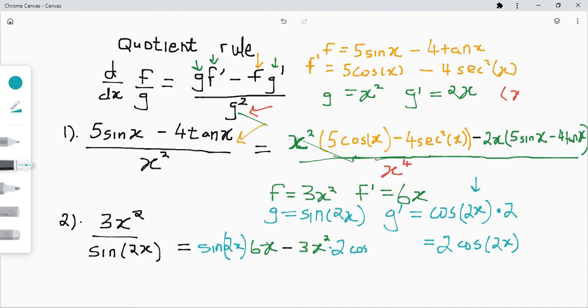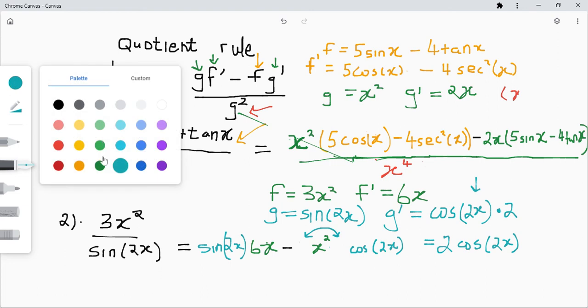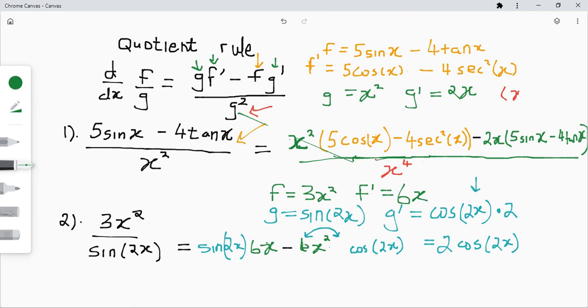Now we see we have a 2 and a 3 here, so we can multiply them. 2 times 3 gives us 6. So we write 6x squared cos 2x.